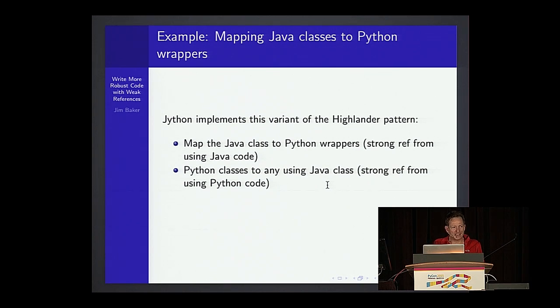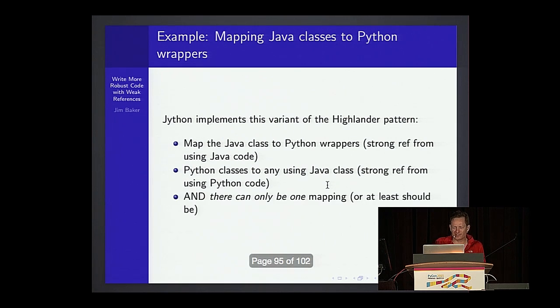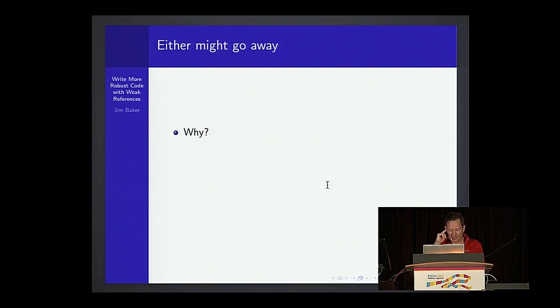So in both cases, you may have strong references, but given this one-to-one mapping, you just want to ensure that there can only be one. And when either side goes away, it should also go at that point, so you don't unnecessarily hold on to some resource and leak. So either might go away.